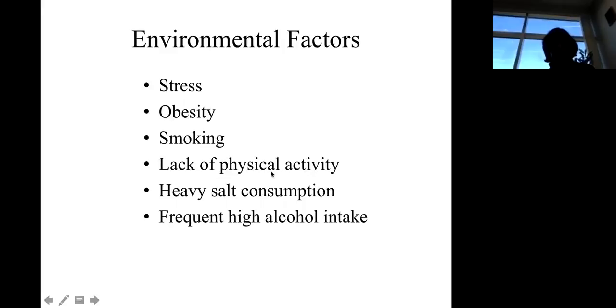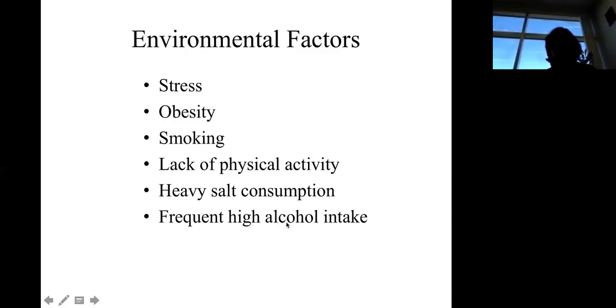Lack of physical activity. So again, obesity could be because of lack of physical activity. Heavy salt consumption, this is debatable. In a normal person, it may not be, but in an obese person, it could be. So that is where this has to be spelled out depending upon who you're talking to.